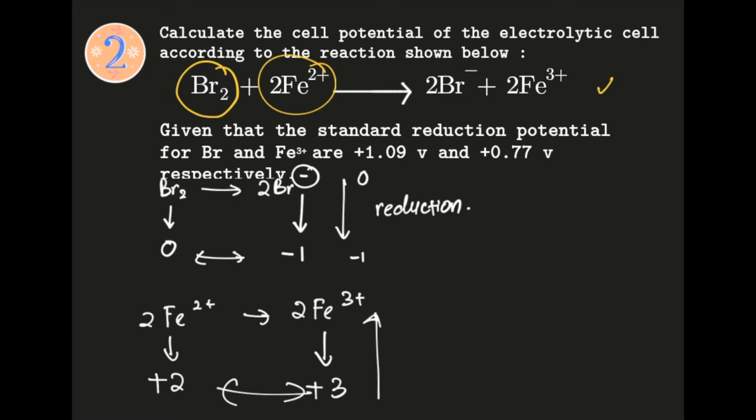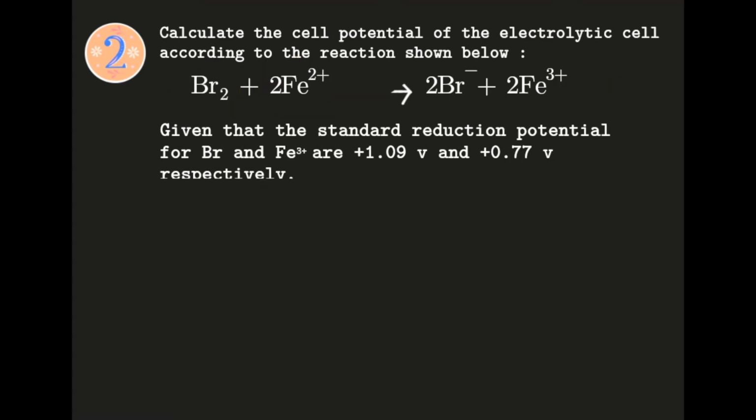So the oxidation number increases from +2 to +3. So it means that this undergoes oxidation process. Right, since you already know which one of these undergoes oxidation and reduction, so we can write the half reaction. So we have anode and also cathode.